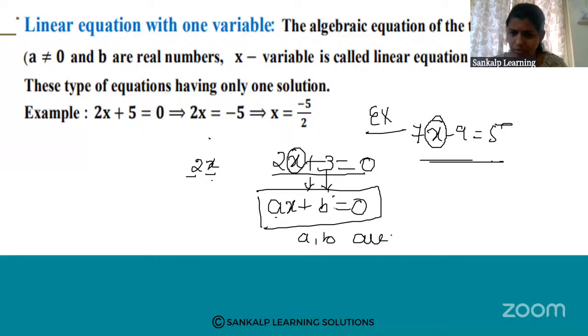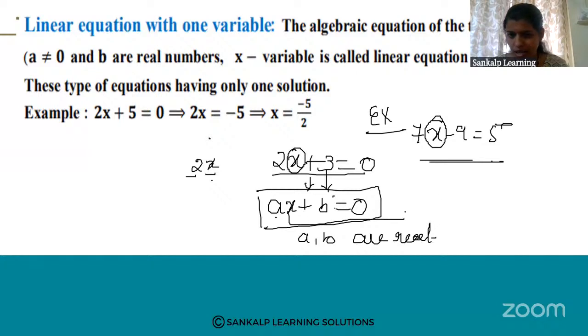Real numbers means the numbers may be anything: positive, negative, fraction, rational, irrational, ಏನೇ ಇರಬಹುದು. So a, b are real numbers and x is a variable.